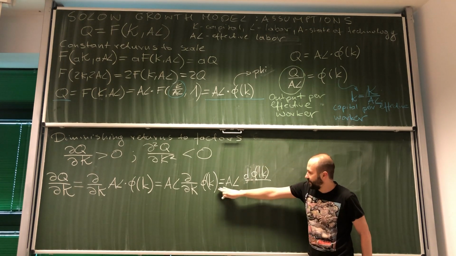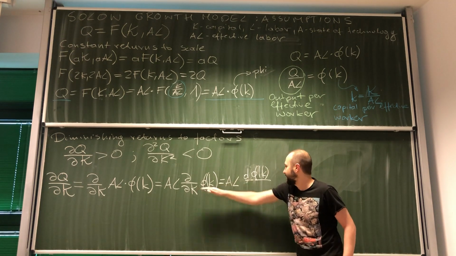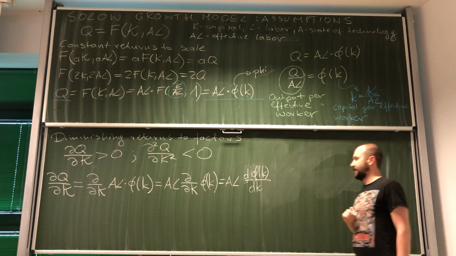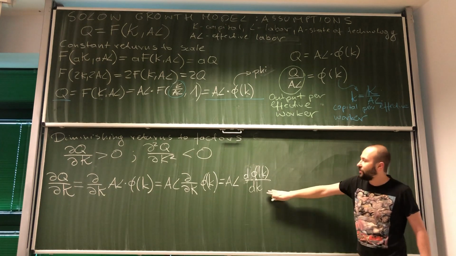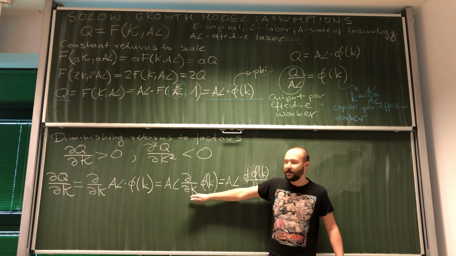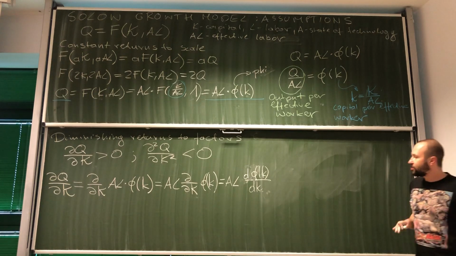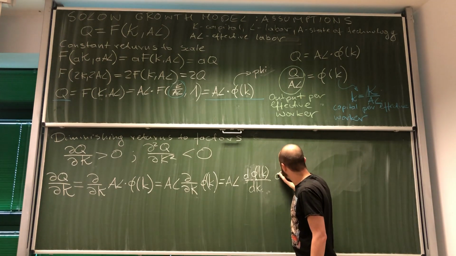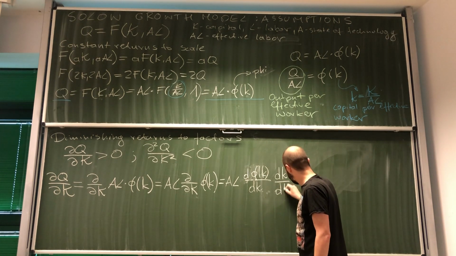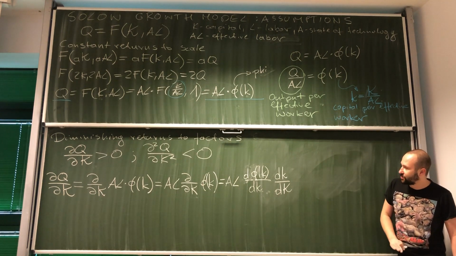When I need to differentiate, this is a function of lowercase k, so the best way for me to differentiate it is to differentiate it by lowercase k. But look, here I'm not supposed to differentiate with respect to lowercase k, but with respect to capital K, the capital, not capital per effective worker. So what should I do now? I should differentiate lowercase k with respect to capital. And look, we clearly see that this must be true. Why?